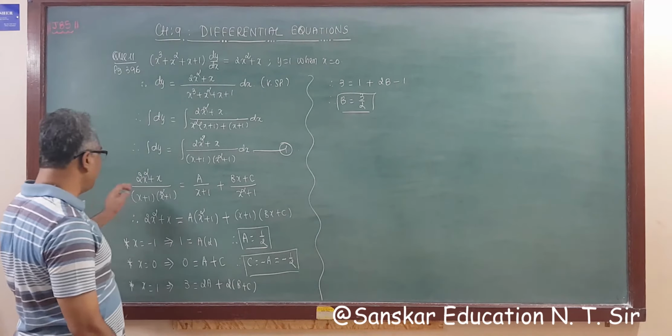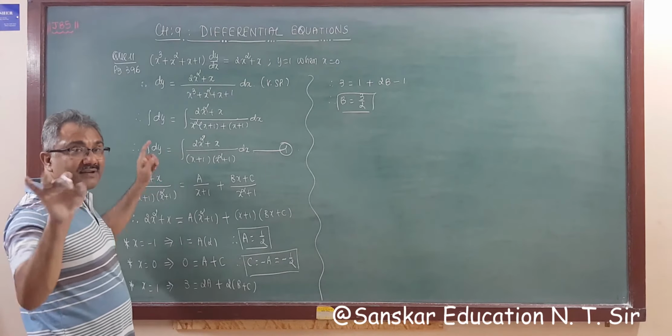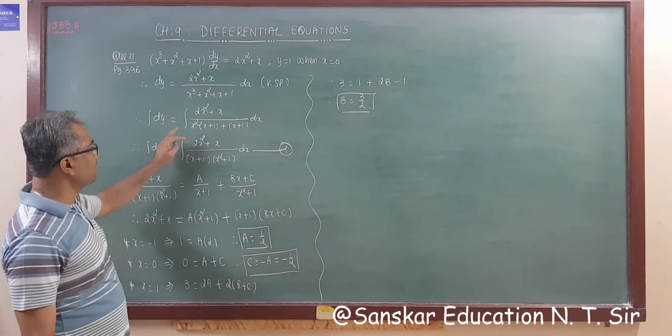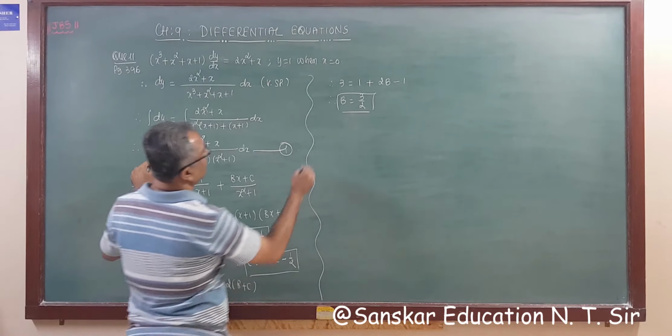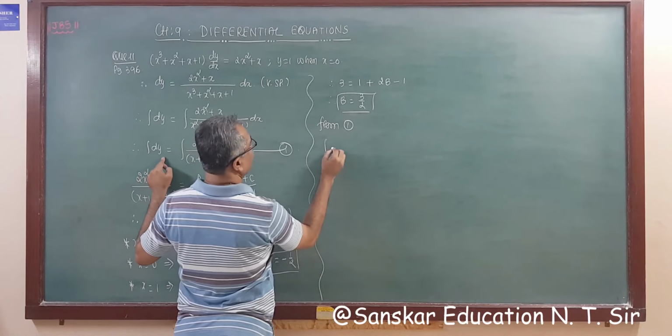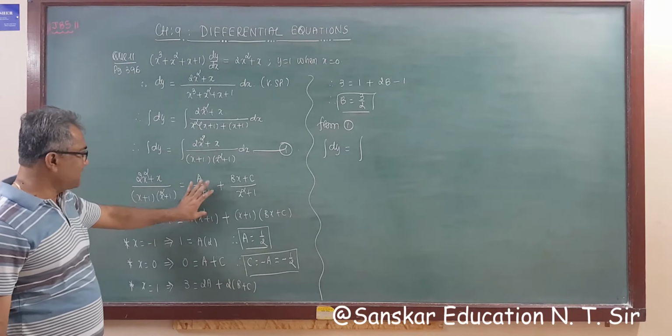So substituting all values here, I am writing this step directly, right? Because we are solving differential equations, no need to write the values and then integrate. So therefore from 1, integration dy is equal to integration of a upon x plus 1.